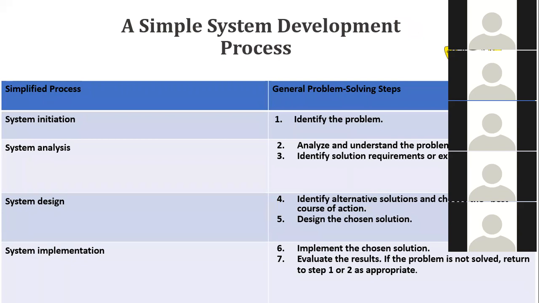Now here I'm going to just have a simple system development process. It's basically all the things that we've just been talking about in the last two slides. When we are identifying our problem, this is the system initiation. In design science, you'll see it being called the first hunch.